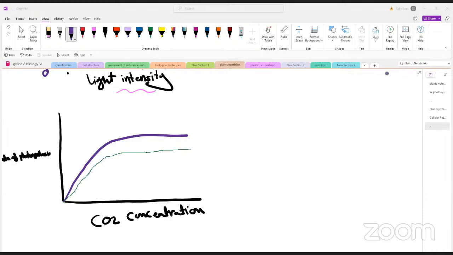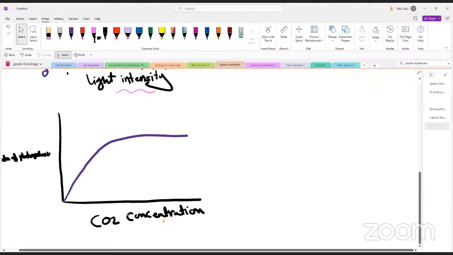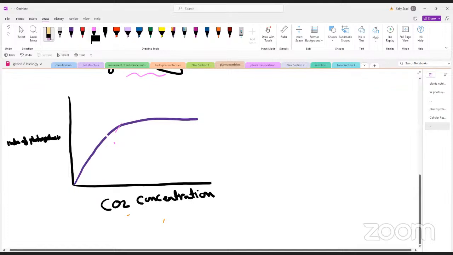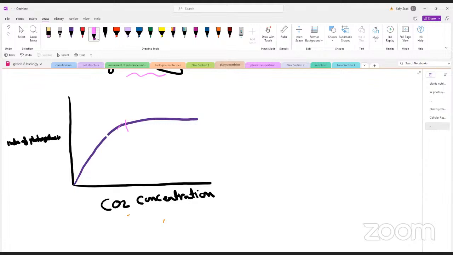So here the rate of photosynthesis increased with the increase of carbon dioxide until here. After that, there is a constant level of the rate, so more carbon dioxide, no increase. Do you have any doubt about that? From here to here, what was the limiting factor?